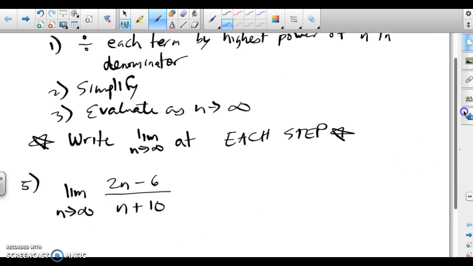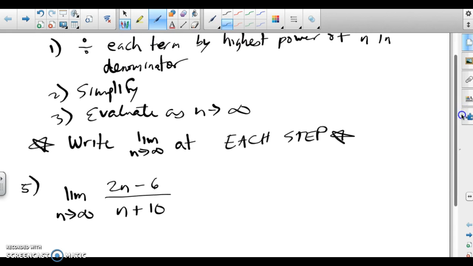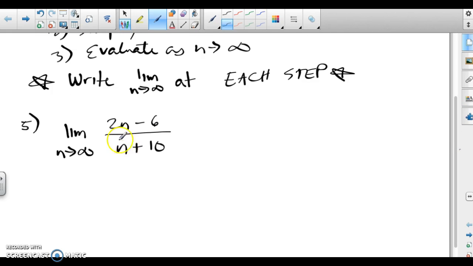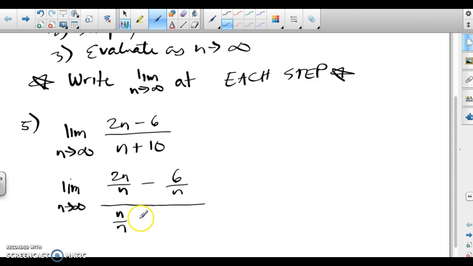So in our steps here, what we need to do is divide each term by the highest power of n in the denominator, which in this case is just n to the first power. So we rewrite it. Make sure you write the limit as n approaches infinity every single time. And we divide everything by this n. So 2n over n minus 6 over n, over, then we have n over n plus 10 over n.